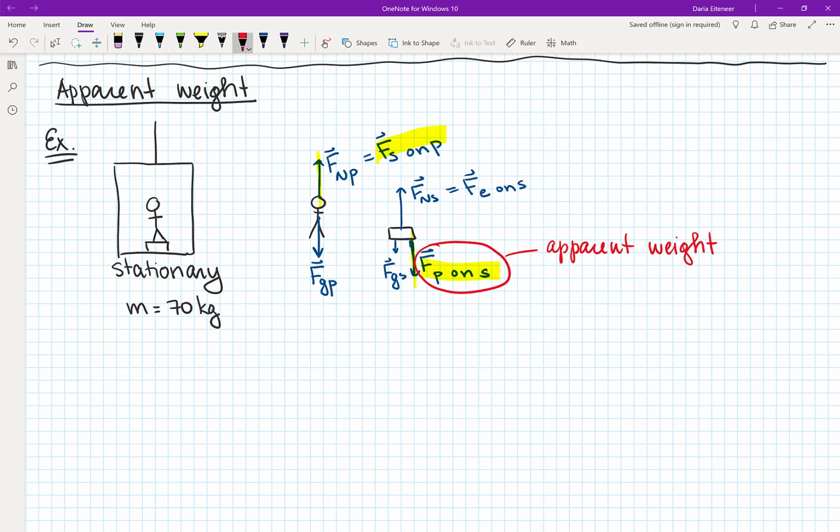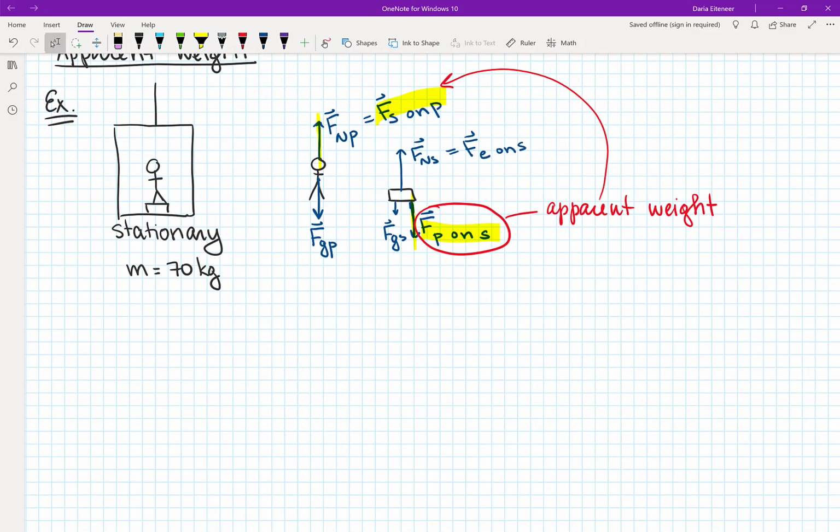Okay, so that kind of makes sense too. But it's also a measure of how the scale pushes on the person, since we have those action-reaction forces going on. Okay, so think about it. Apparent weight is effectively the force that the scale exerts on the person. It's effectively the normal force. Okay, so you'll see why that becomes important in a few minutes.